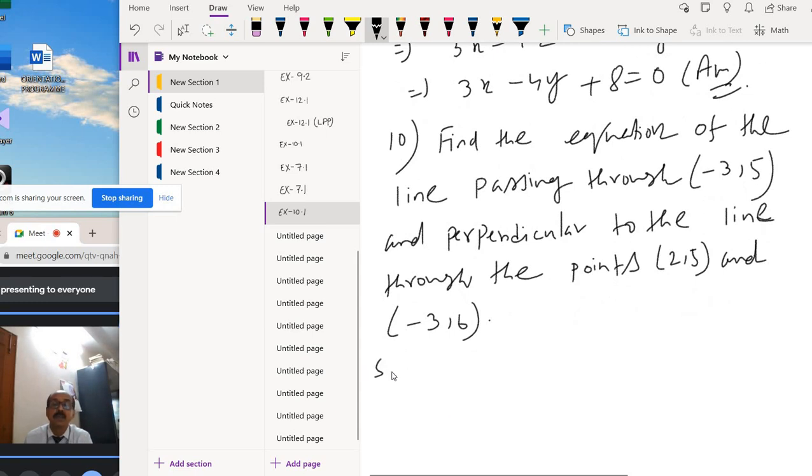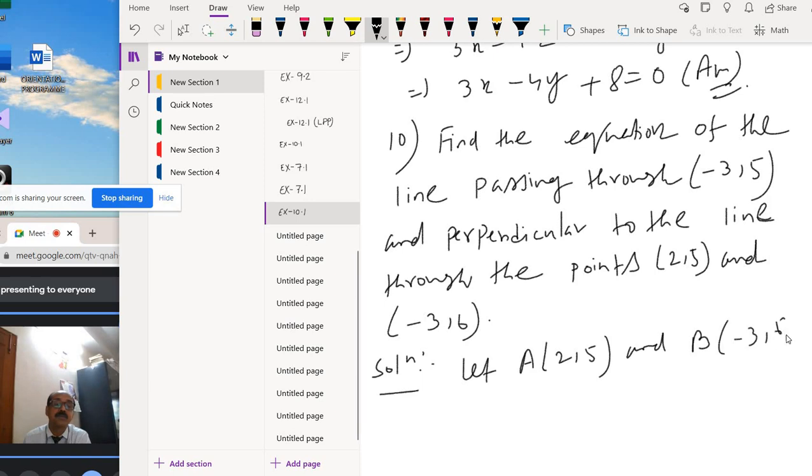Okay. So first, let A be the point (2, 5) and B be (minus 3, 6).